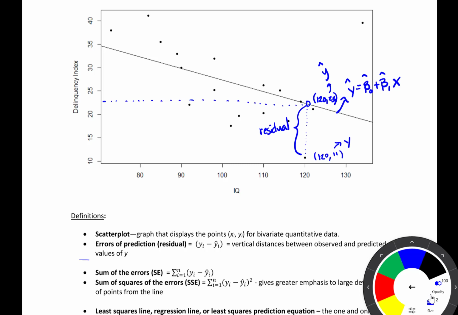One way to visualize this is that for each of the observed points compared to the line, we're drawing a square. And the area of this square for each of these points, and we do this for all 18 of them, represents the squared errors. And so the idea is we're trying to find a line that makes those squared errors as small as possible, and that's what linear regression does.